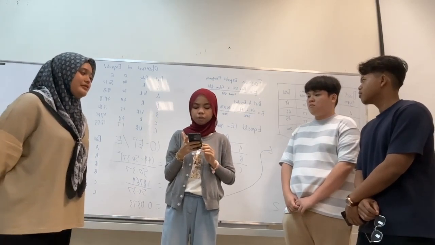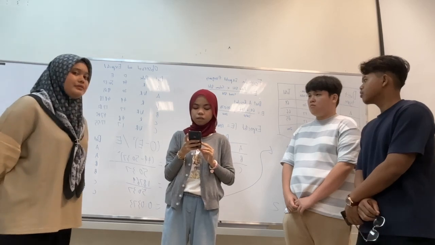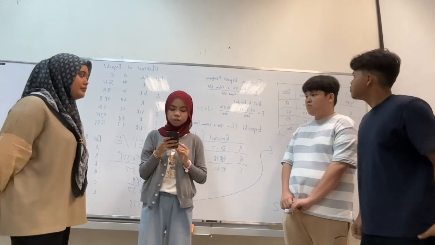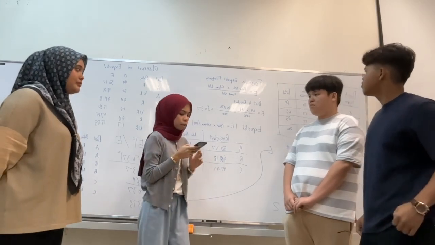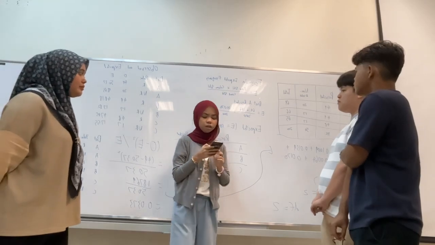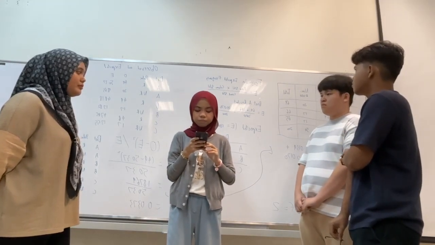But if the p-value is greater than 0.05, we fail to reject the null hypothesis. The null hypothesis for our chi-square test was that there is no association between the type of diet and disease resistance.